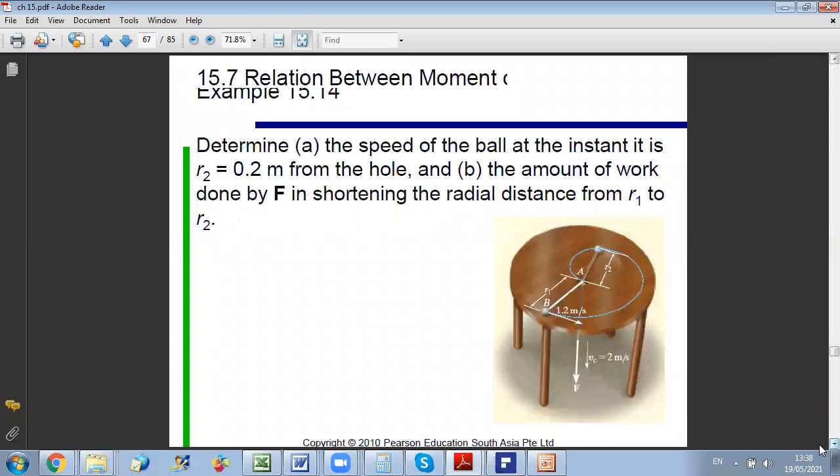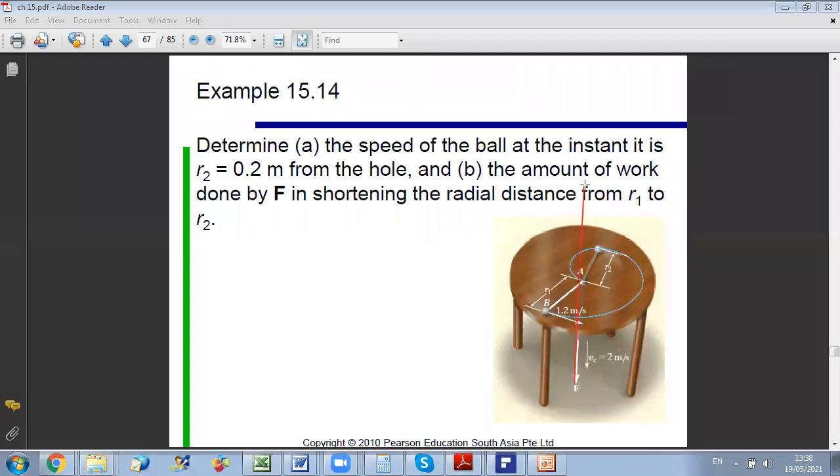Now in this problem we will see how angular momentum lets us solve it. Why? Because here it's a central force motion. Whenever I have a central force motion I can apply conservation of angular momentum about the axis. At any time the force is passing through A, right? So it's a central force.